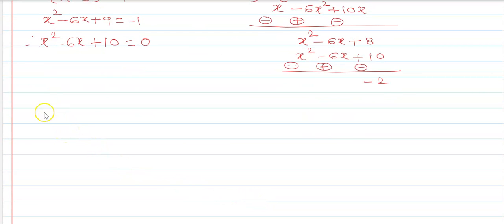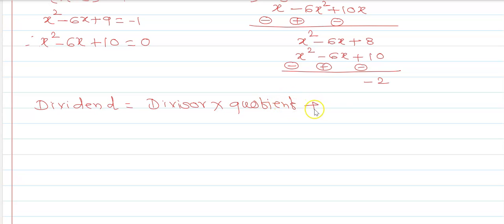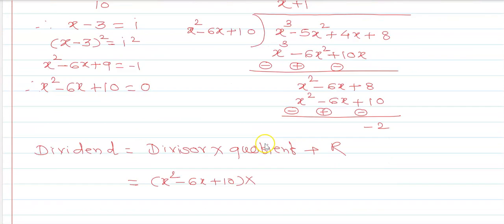Again by the formula, dividend is equals to divisor into quotient plus remainder. Okay, what is the divisor? Divisor is x square minus 6x plus 10. Okay, and what about the quotient? Quotient is x plus 1.